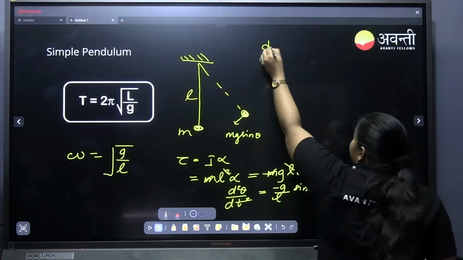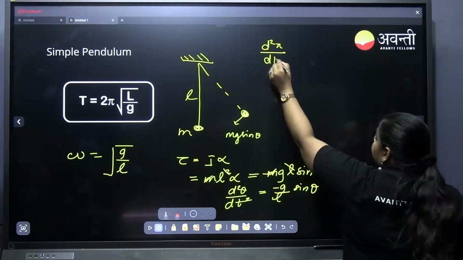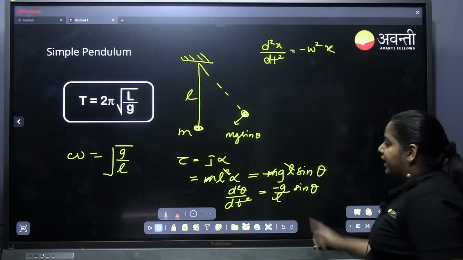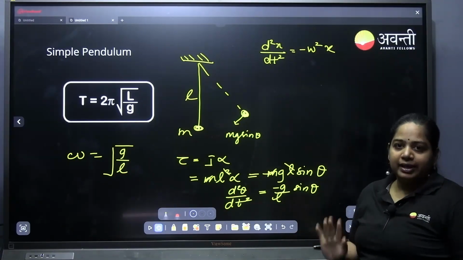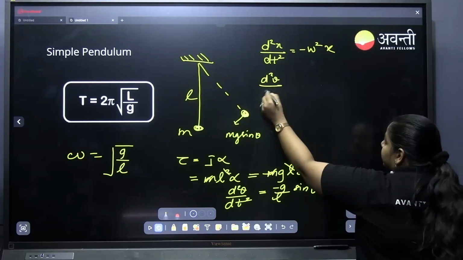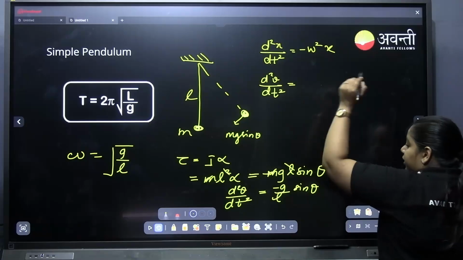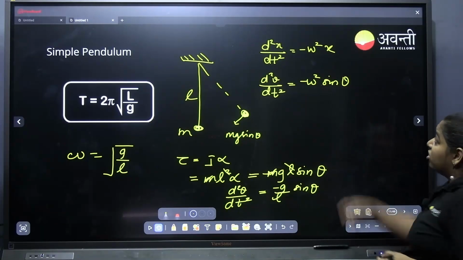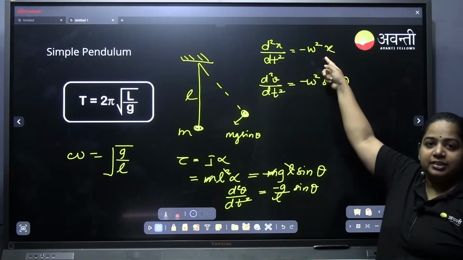The SHM equation should be d square x by dt square equal to minus omega square x. Even if I substitute g by L as omega square, this will become d square theta by dt square equal to minus omega square sin theta. It is not sin x on this side, it is just x.